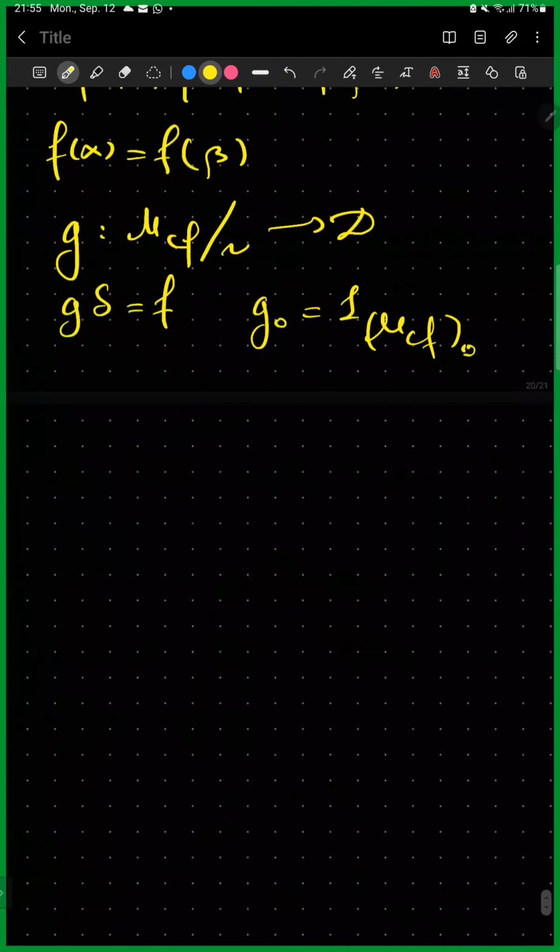And moreover, G on objects is the identity. And alpha is mapped to F of alpha.